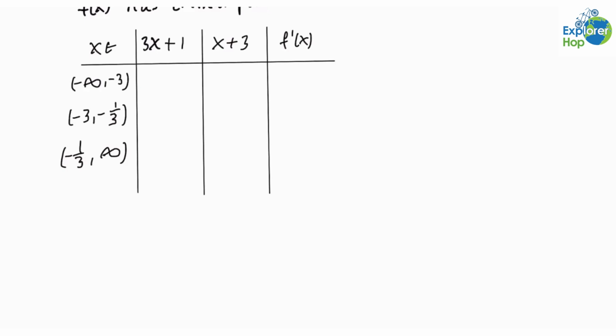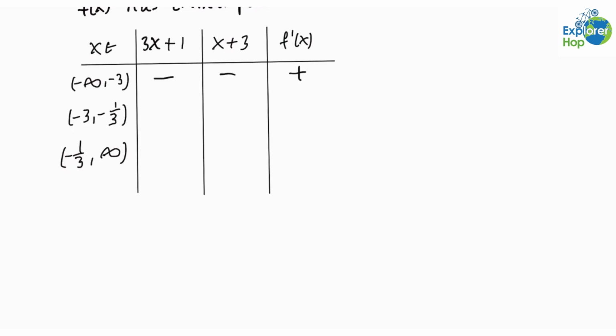So if x is in the interval from negative infinity to negative 3, then subbing any value of x in this interval, for example negative 4, means that 3x plus 1 will be negative, x plus 3 will be negative, which means that the derivative of f of x is positive. Now we do the exact same thing for the other intervals.